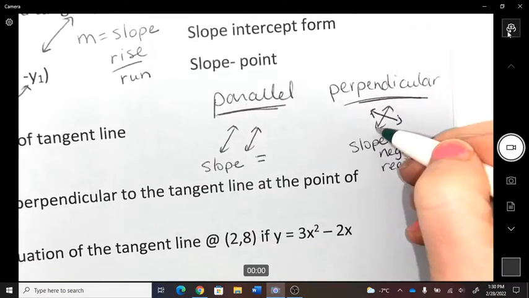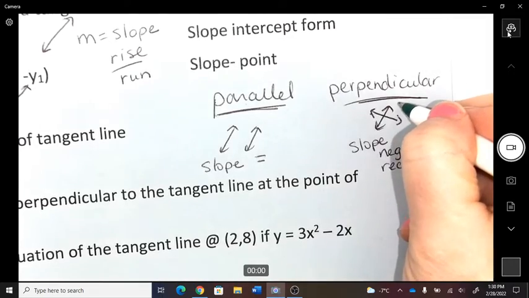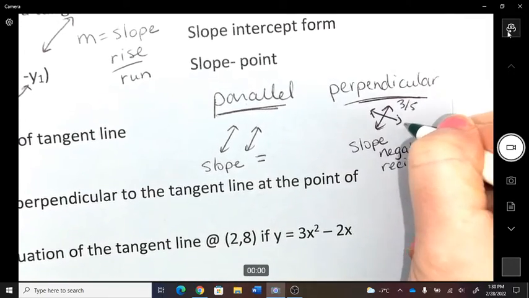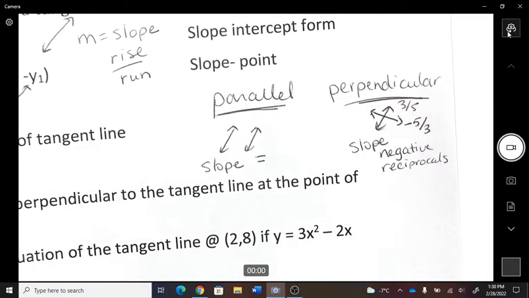So if this one's heading upward, this one's heading downward, right? One's going to be positive, one's going to be negative. And then what does the word reciprocate something mean to you? Fractionally, you turn it around. So if this is 3/5, this one's negative 5/3. Okay, so that's all stuff you did in grade 10.